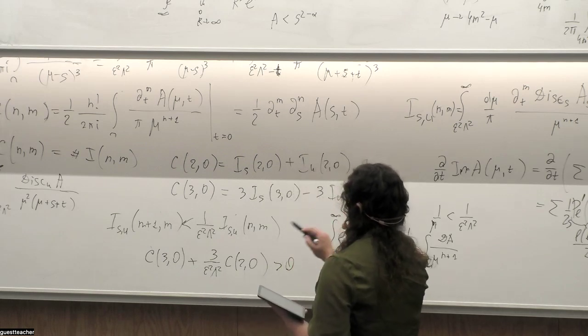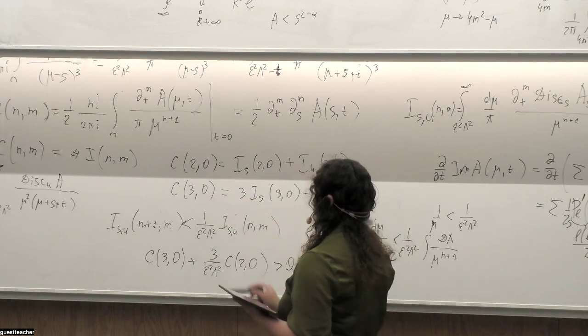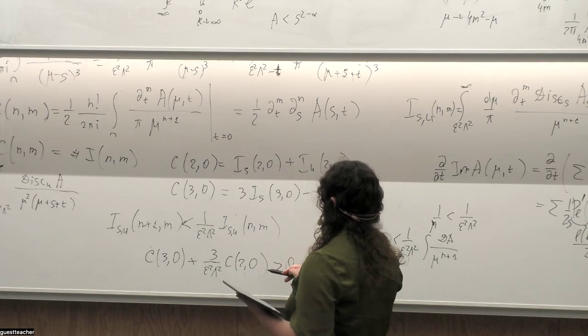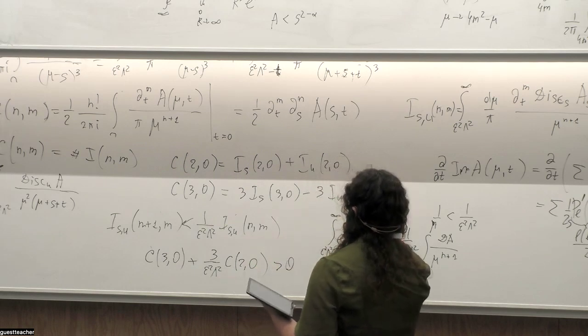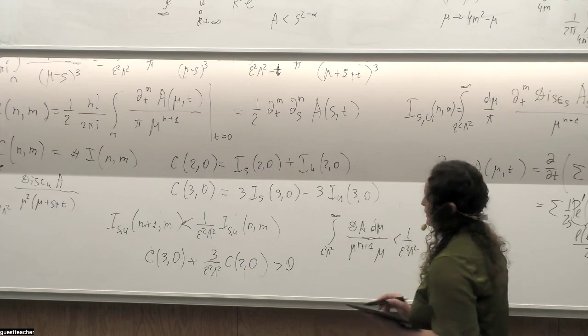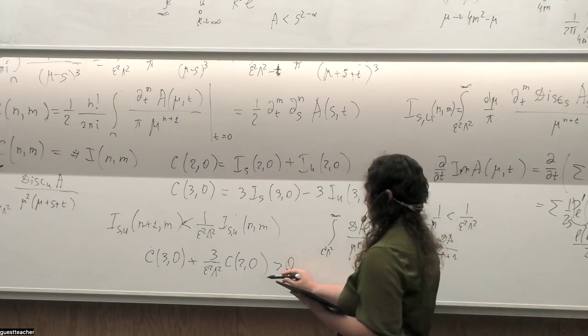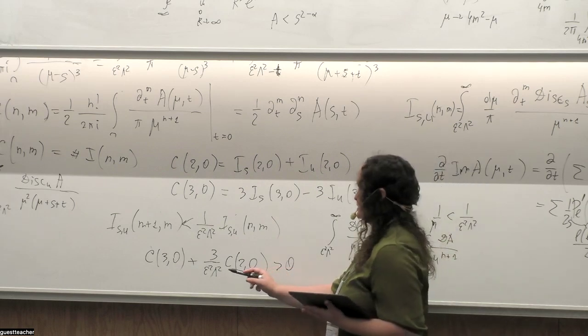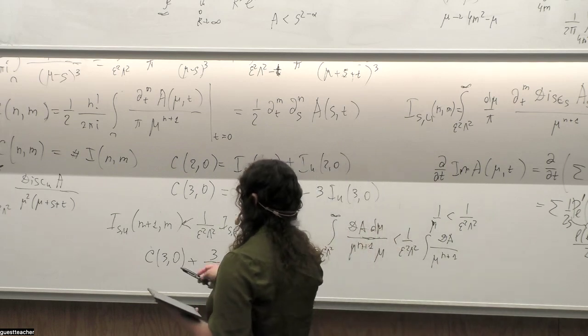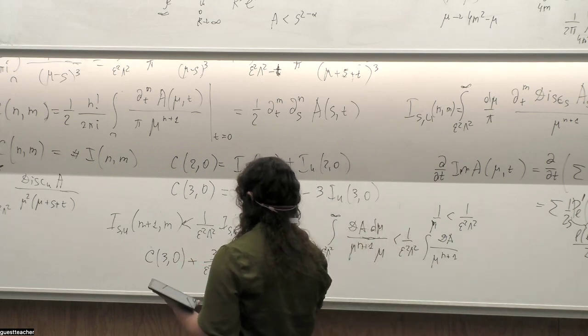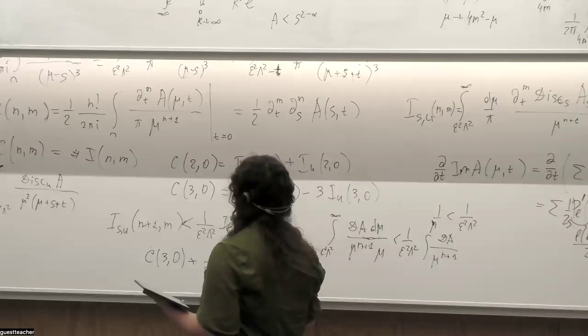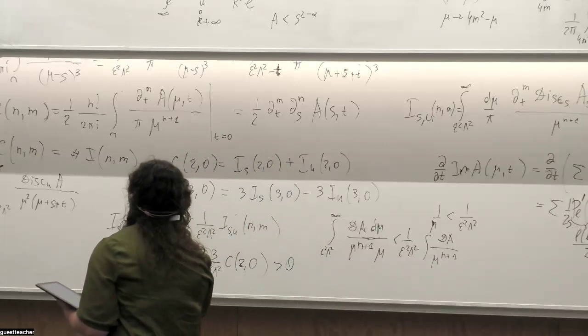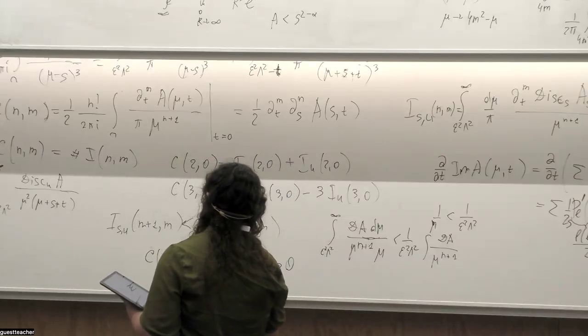Because I simply can add to the left-hand side this C20 and compensate this negativity by having this extra additional positive term. And still I'm getting some non-trivial statement about the relation between C30 and C20. C30 corresponds to the S cube term, and C20 corresponds to the S squared term.